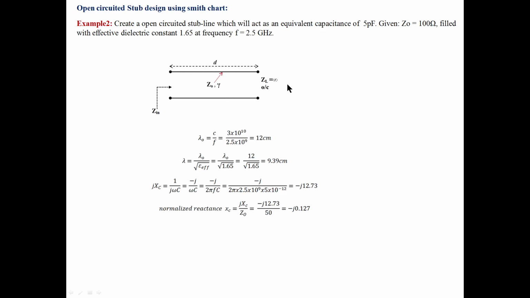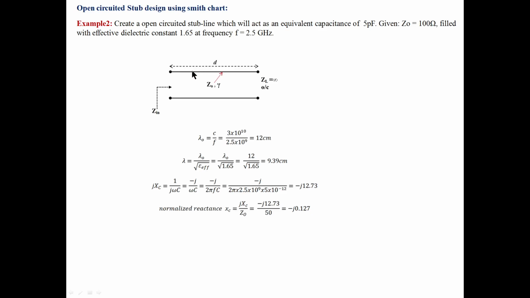If you keep an open here, the input impedance, as you know, is minus j Z0 cot beta l. You already derived that for open circuited transmission lines. So the input impedance depends upon the length of the line.